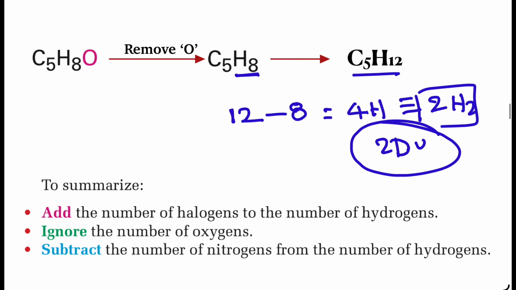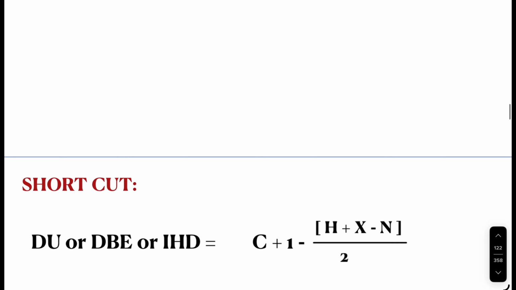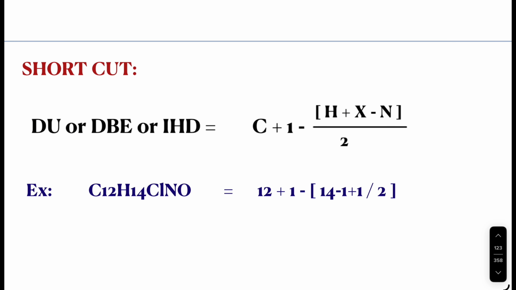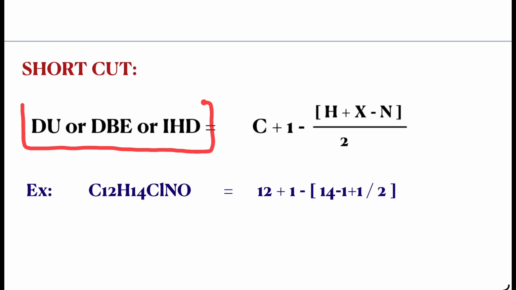So every time, step 1, step 2, it may kill your time. At the end, after understanding the procedure, this is the trick I am going to give. For degree of unsaturation, or double bond equivalent, or index of hydrogen deficiency, instead of performing the above stated operations, simply check the number of carbon atoms plus 1, minus the hydrogens present: add the number of halogens to the hydrogen number and subtract the number of nitrogens.